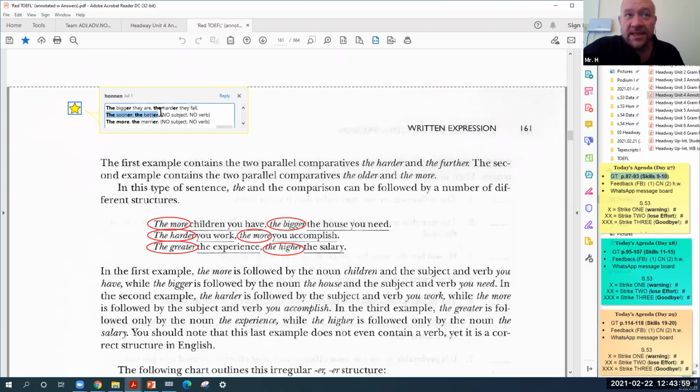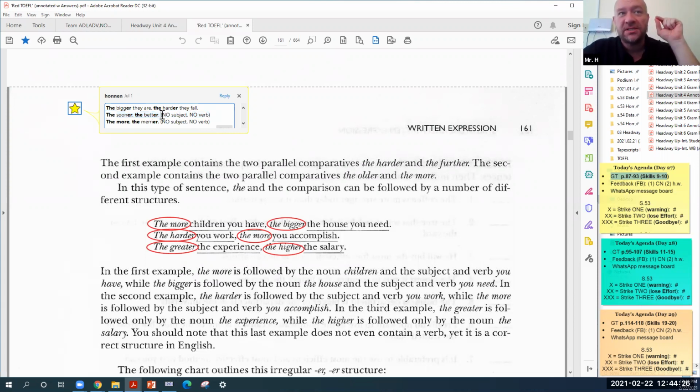Guys, this sentence looks incorrect, but it is correct. It's a special formula, and we use this. It is academic, formal English, but it's a special formula, okay?